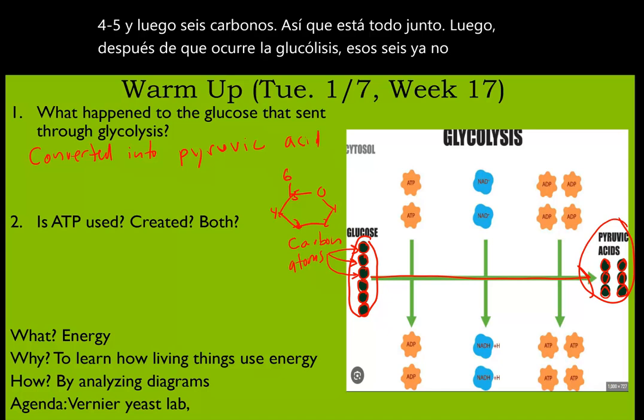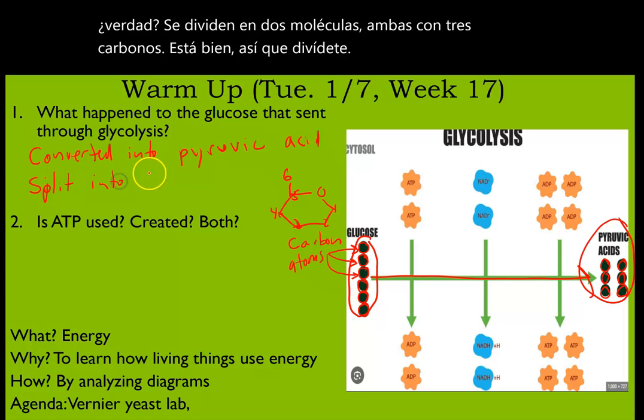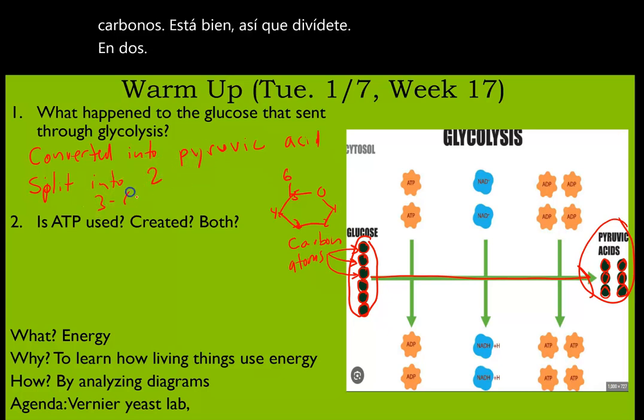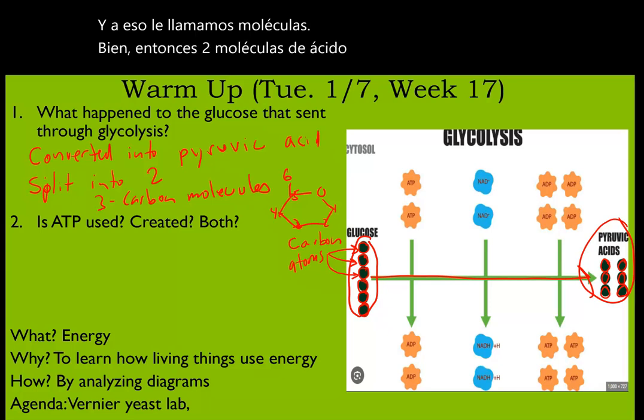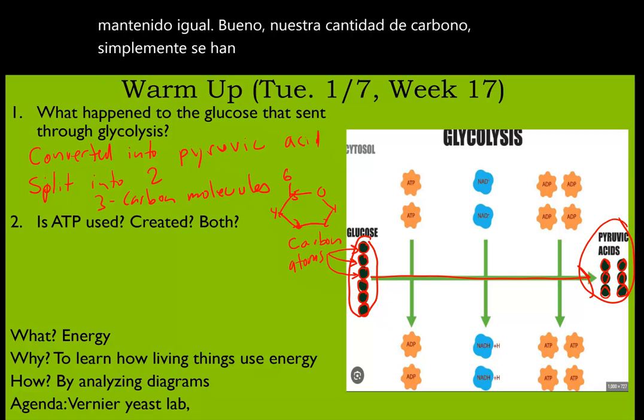They get split into 2 molecules, both with 3 carbons, and we call those molecules pyruvic acid. So 2 molecules of pyruvic acid. Our amount of carbon has stayed the same, they've just been split and then rearranged.